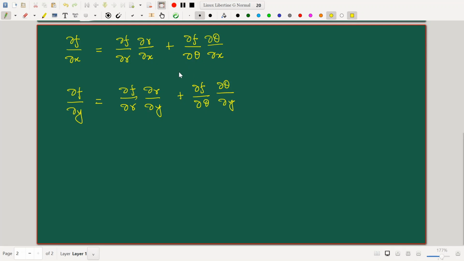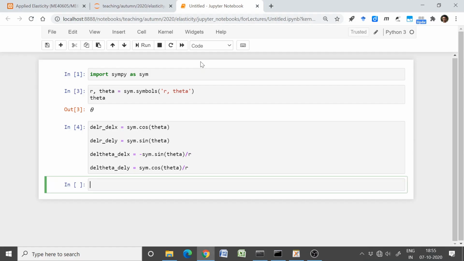Okay, so what we really want is to use these two expressions, del r del x and del theta del x, and we have to write down the operators where we need to write down the differentiation with respect to r and the differentiation with respect to theta. Okay, so we can quickly do that here. So we define a function which is like an operator function here.